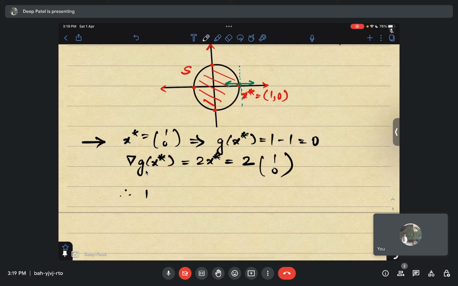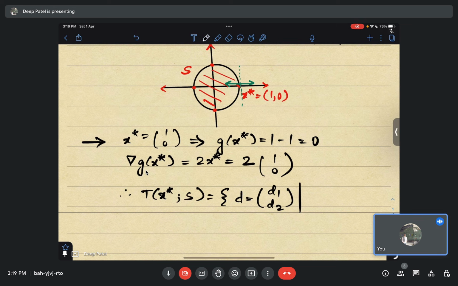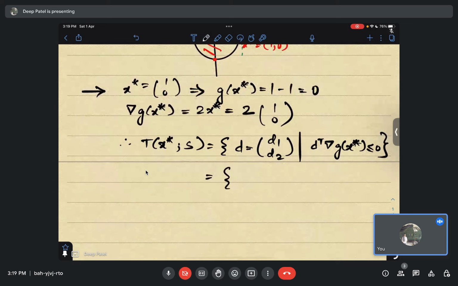So the tangent cone is all d such that d transpose gradient g of x star is less than or equal to 0. This is nothing but all d such that d1 is less than or equal to 0.